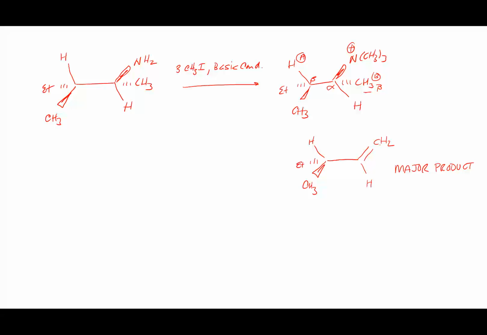So in the second major product, I'm going to have to now lose beta hydrogen A. And so I need to know, is this Hoffman or Cope, simply from the fact is it anti-periplanar or is it periplanar? And Hoffman, with the ammonium group that's being lost, is always anti-periplanar.